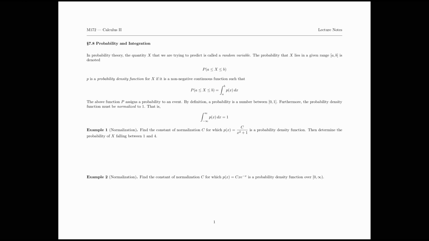All right, in this next section, 7.8 for probability and integration, we're going to take a look at how we can calculate probabilities from a probability density function.